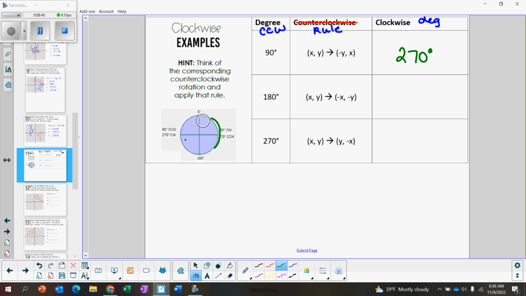If I had gone 180 degrees counterclockwise, then I would also go 180 clockwise.